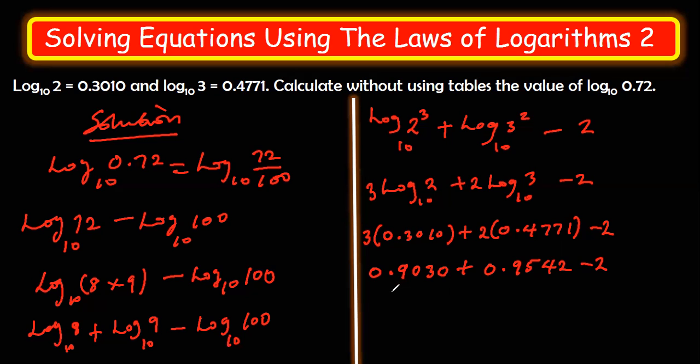Let me show the working here. I'm not going to use a calculator for this. My brain is giving me a different value, so that's why I want to put the working here.